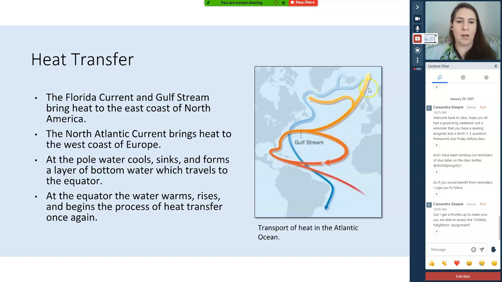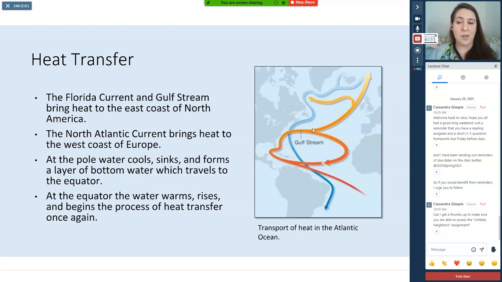So as that warm water at the poles cools, it sinks because it becomes more dense, and then it forms a layer of bottom water. This colder bottom water travels along the bottom towards the equator. And at the equator, that water will rise, and as it warms, it will become part of the surface currents and transform into Gulf Stream water once again.